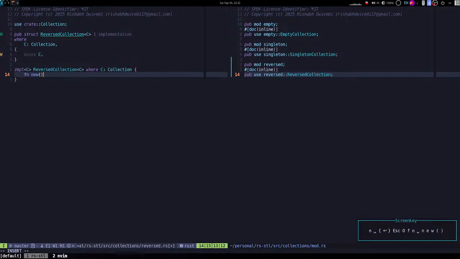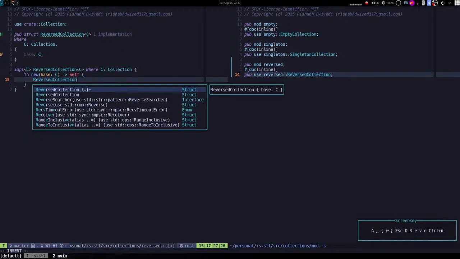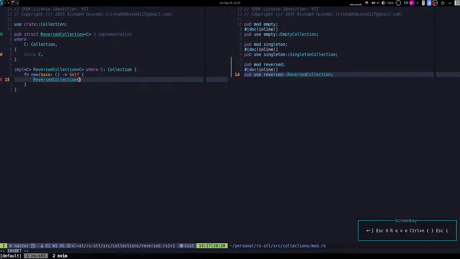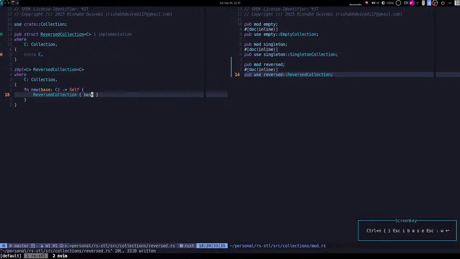And I need a new method that just returns Self, and this new method takes C, that means base, and what it does is return ReversedCollection of base.